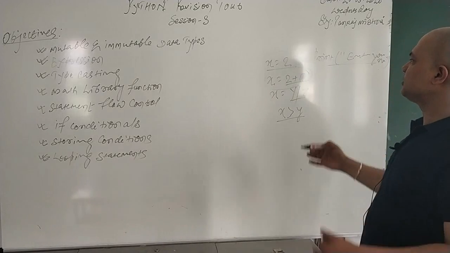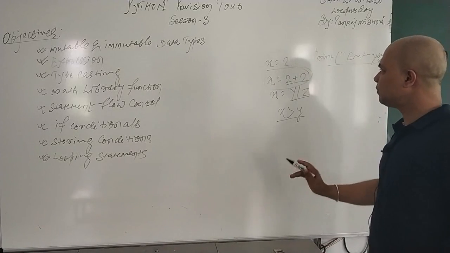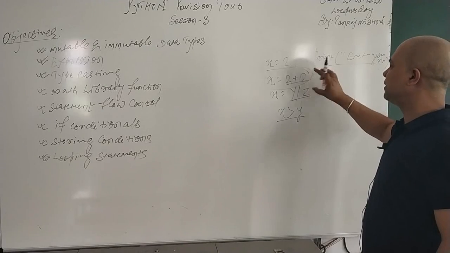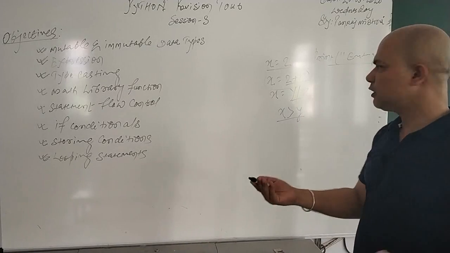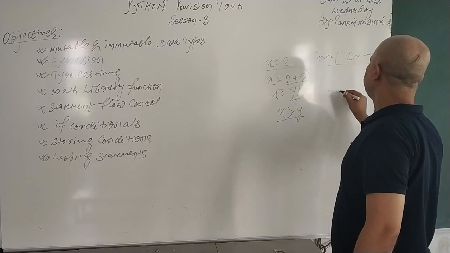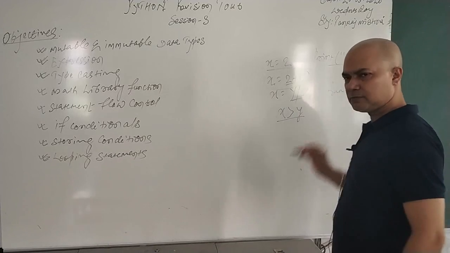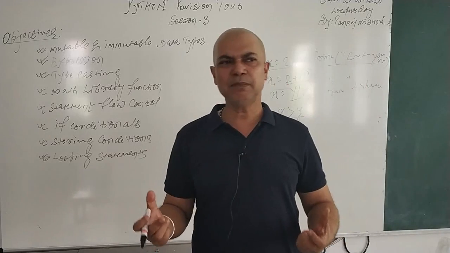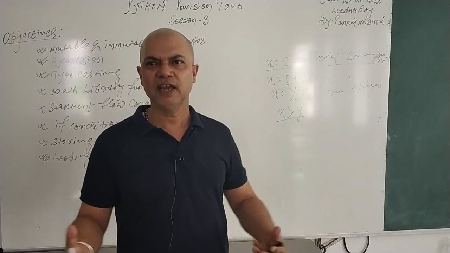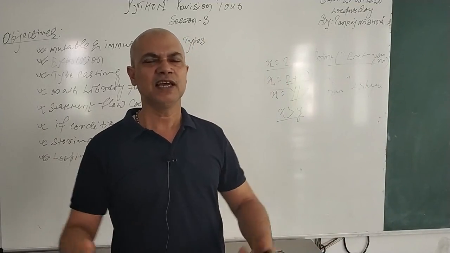A mathematical or arithmetic expression can be an example. It can be a string expression also, like Ram plus Syam. Suppose you have written Ram and Syam somewhere, it means you are trying to add the two strings, so it is a string expression.